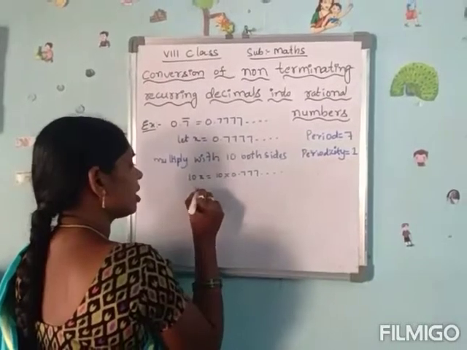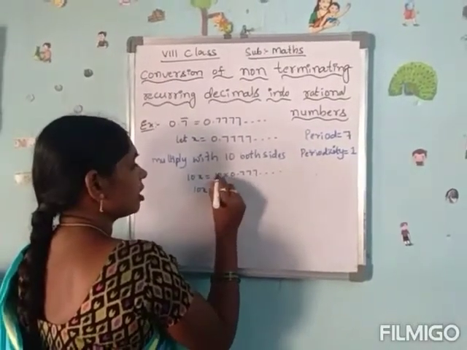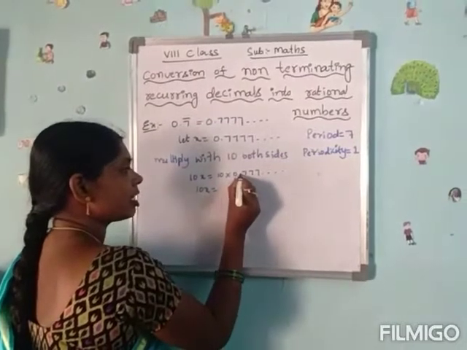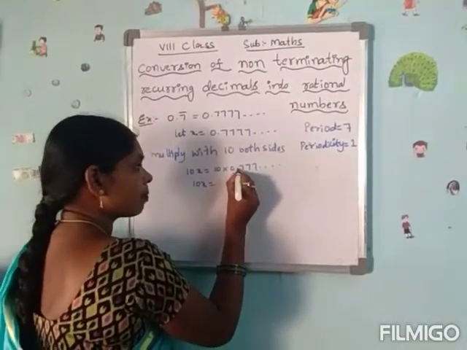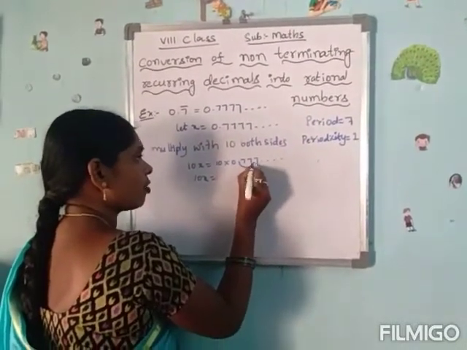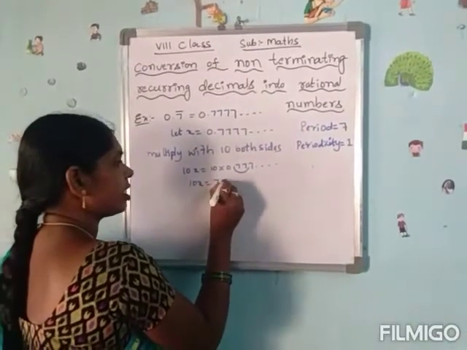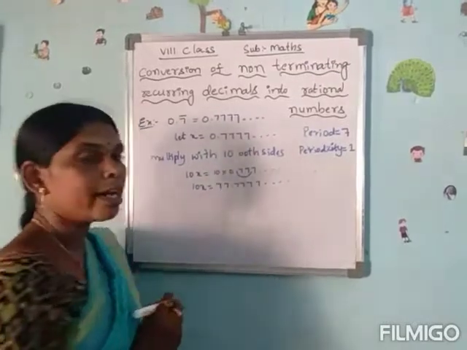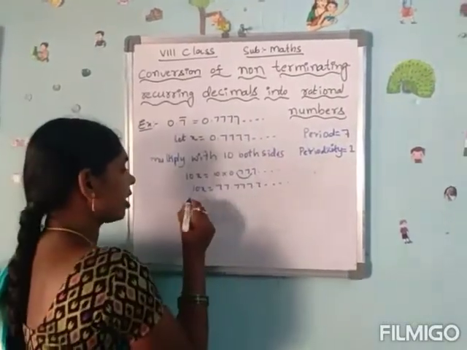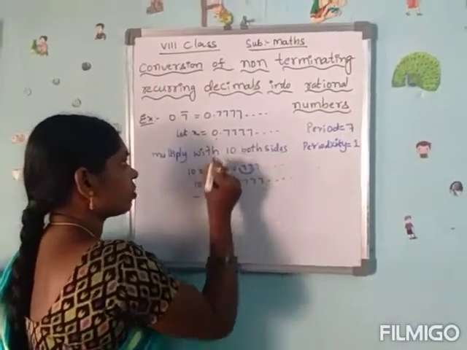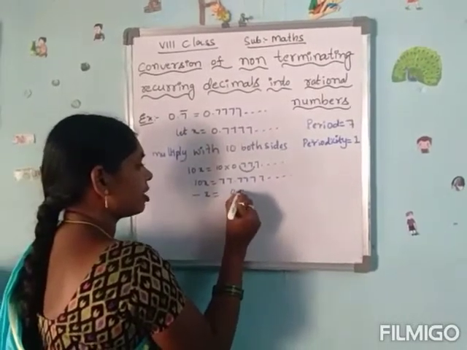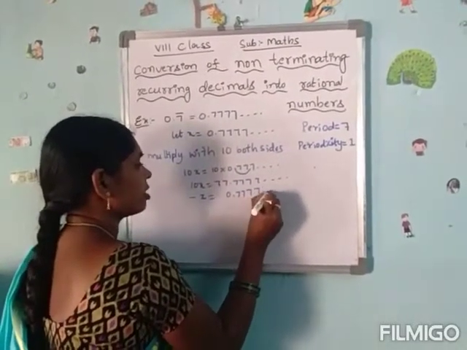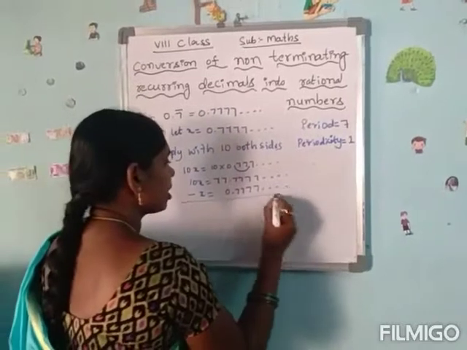That means 10x equals 7.7777 and so on, where we move the point. From this we have to subtract the x value. What is the x value? 0.7777 and so on. Now we should subtract these two.